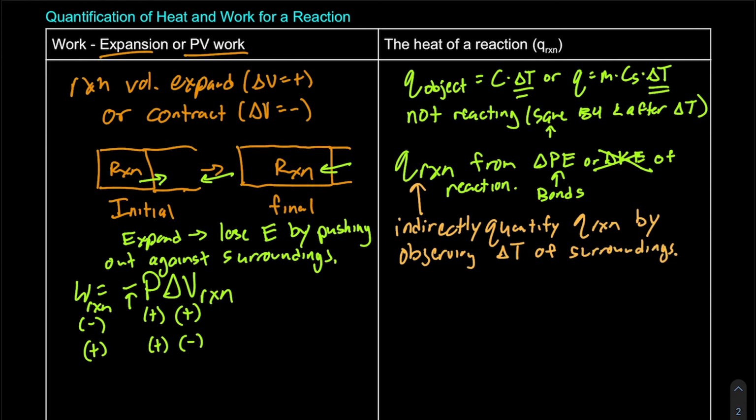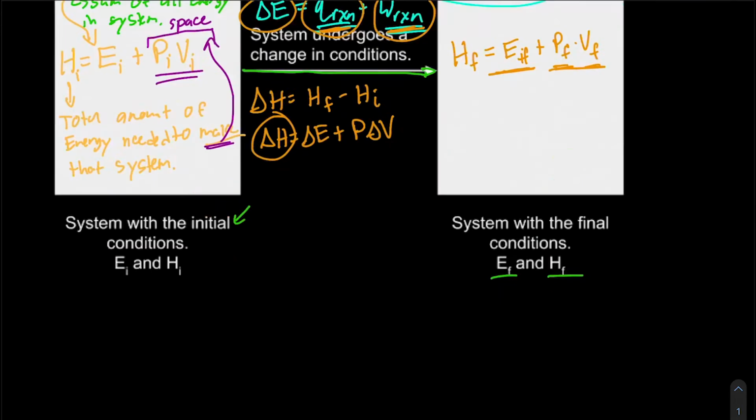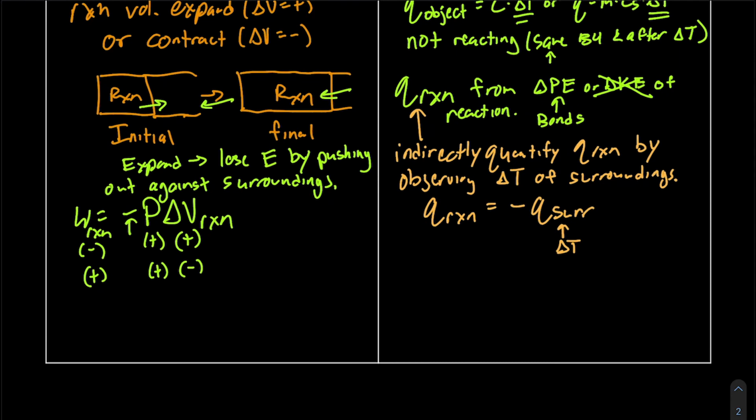Now, what that means is that I can think of our surroundings as undergoing a temperature change. So I can see here, again, going back to the idea of law of conservation of energy, the Q of my reaction is going to be equal and opposite to the Q of the surroundings, so whatever is going around it. And our surroundings is the thing that's undergoing a temperature change.